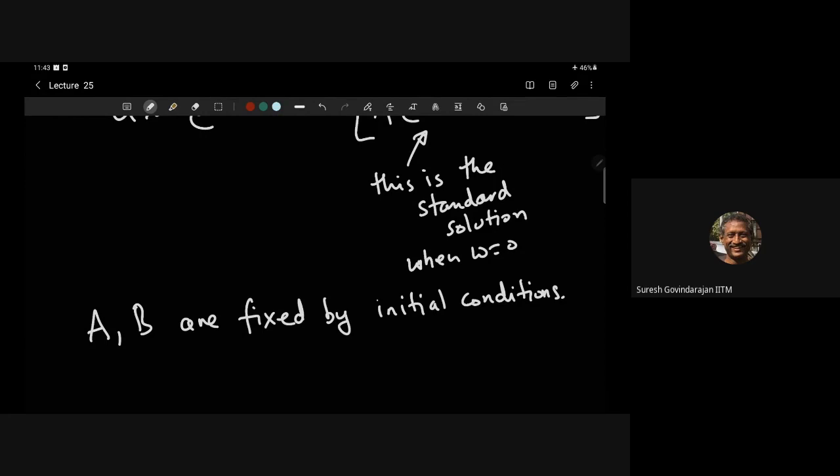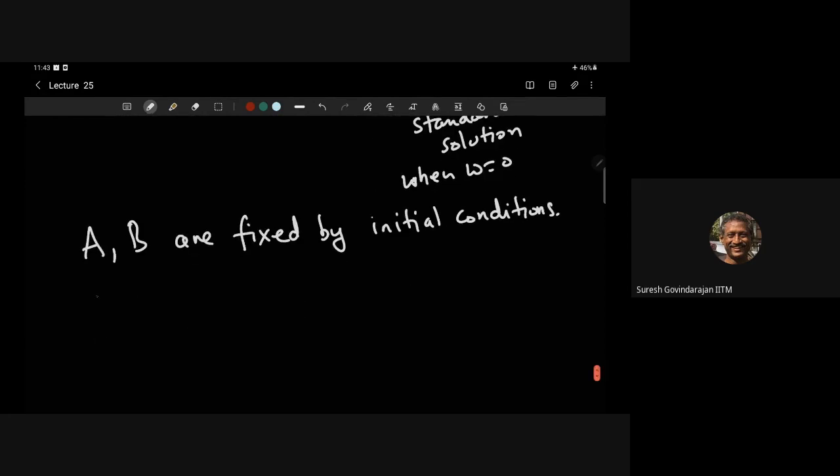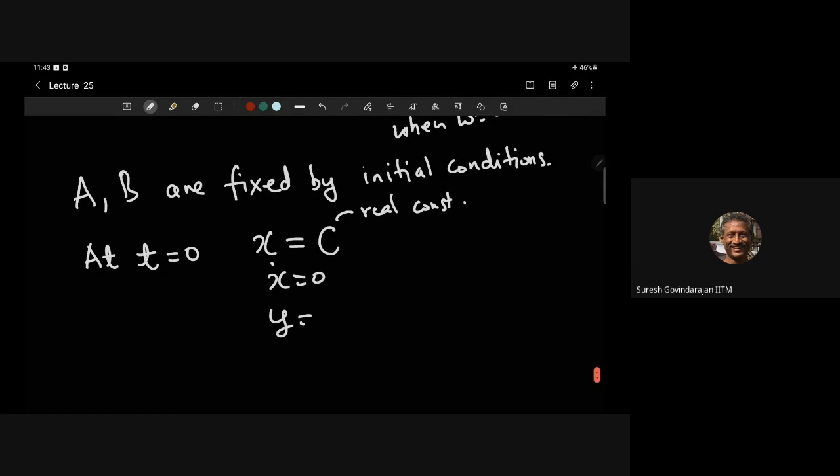Let's say at t equal to 0, x was some real constant c, x dot is 0, and y is 0, and y dot is also 0. So we are starting the pendulum with a displacement of c in x and letting it go. We can go ahead and do this computation.